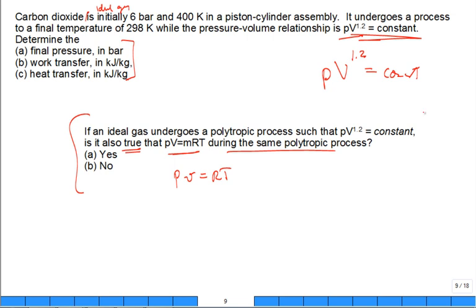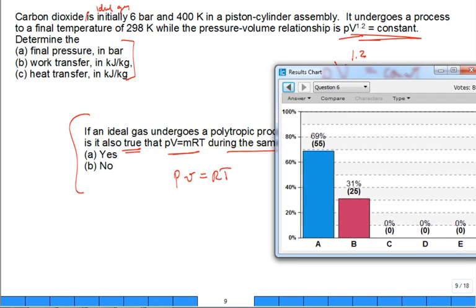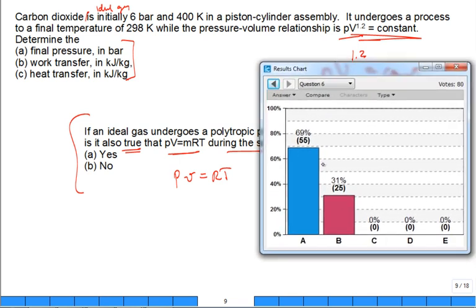Or does this result sort of trump the other result or the other equation? All right, let's see where we stand. Most of us say that it is true, that yes, both of those are true.